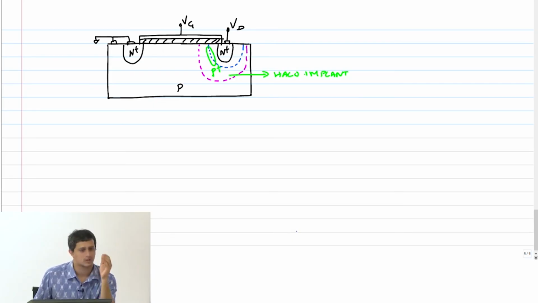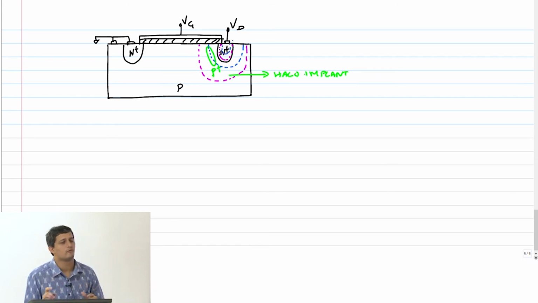Of course, earlier if my depletion region in n plus was still here, now it will go in further, all the way till here. So what we are saying is, it doesn't matter if you penetrate into the n plus region, don't penetrate into the channel. That is the intuition behind a halo implant.